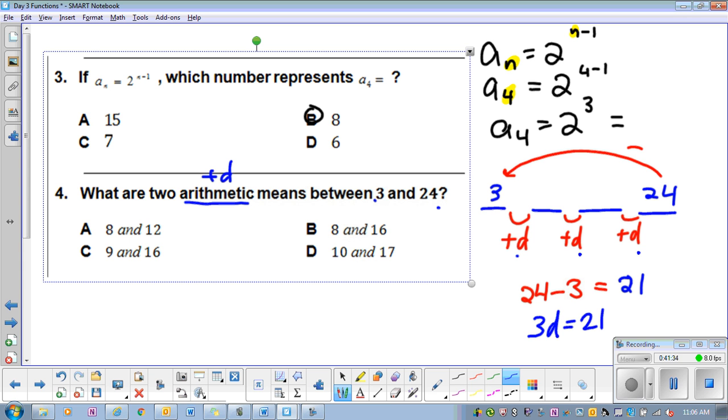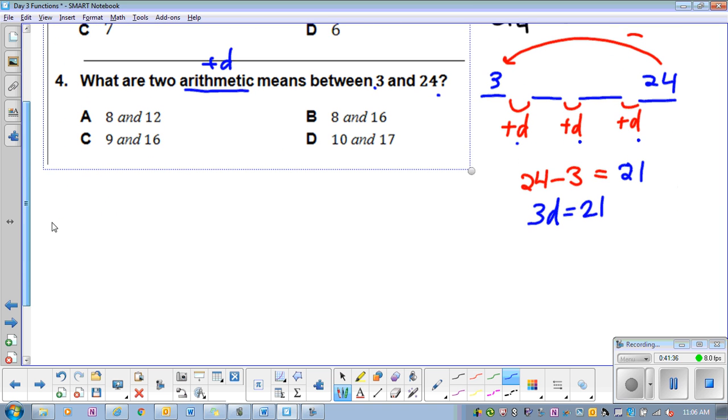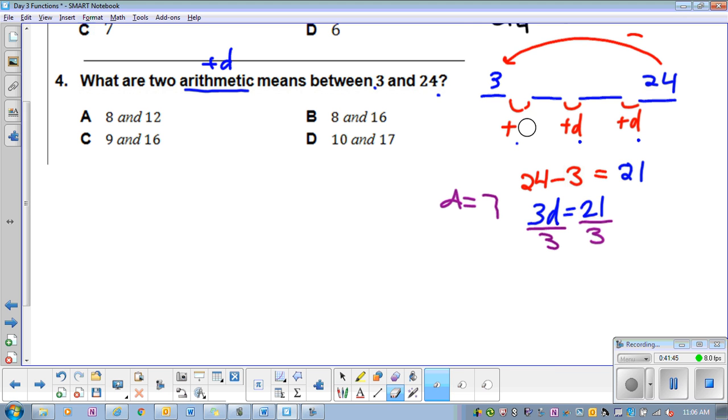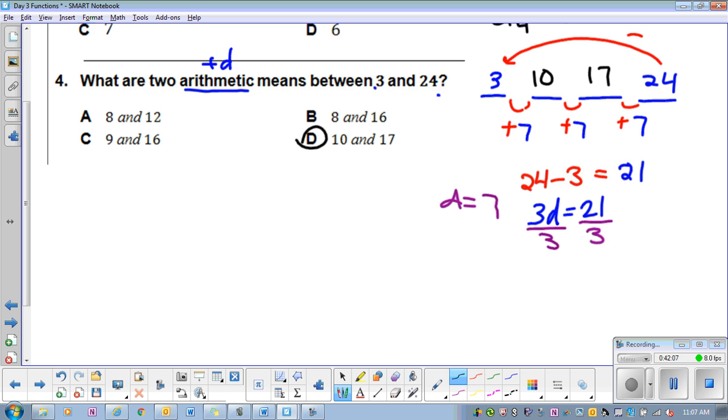You see what I'm doing? So d equals 7, because you gotta divide, right? So if d equals 7, well then instead of plus d, you're saying plus 7. What's 3 plus 7? 10. And what's 10 plus 7? 17. And let's double check. 17 plus 7, is that 24? Yes.